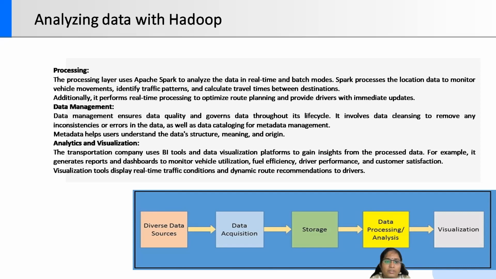For example, we generate reports and dashboards to monitor how the vehicle is utilized, what the driver performance is, how satisfied the customer is, and what the fuel efficiency is. These are the things we can visualize with the help of a visualization tool, and also display real-time traffic conditions and route recommendations to drivers.